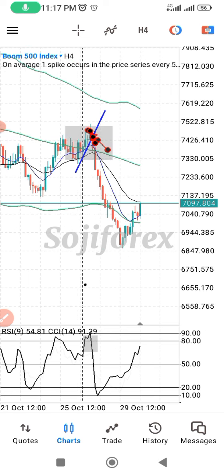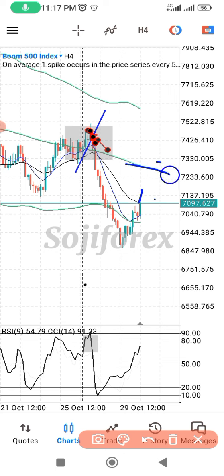Now we are on H4 again, and now price is beginning to pull back. So what are we expecting to see? This price will pull back. It must not reach the middle Bollinger Band. It can pull back here and choose to continue to the downside.